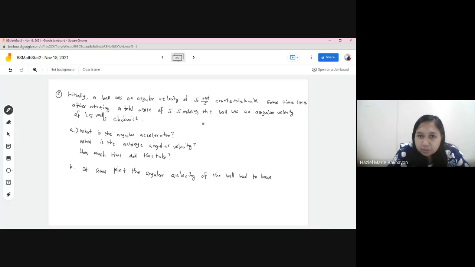So take note that the ball reversed its direction. So initially it is moving counterclockwise, and then it has reversed its path. It moves clockwise.